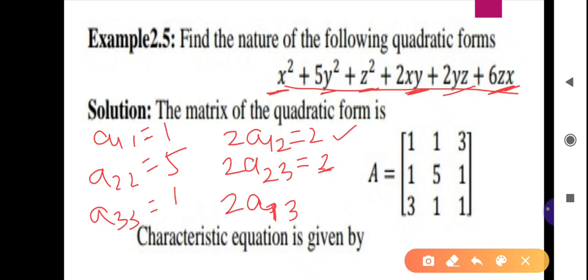So, 2 times A13 equals 6. Now, from this we will get the value of A13 as 3.